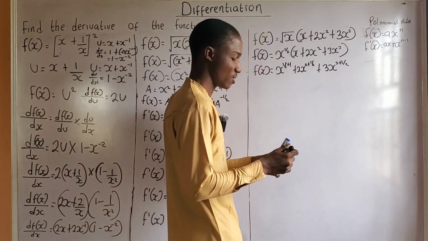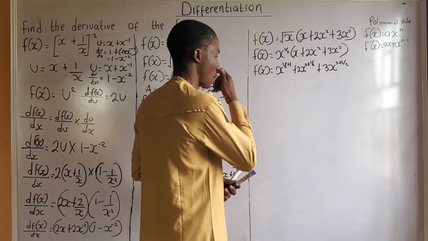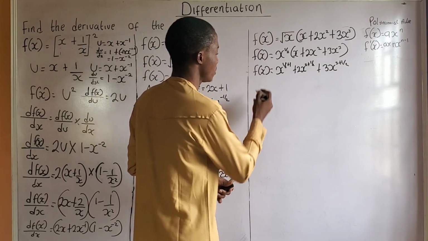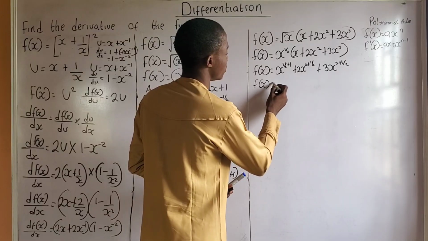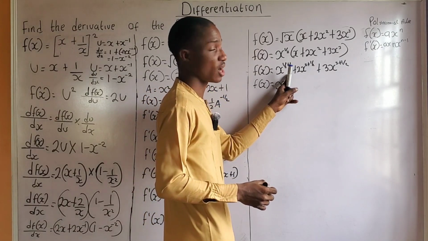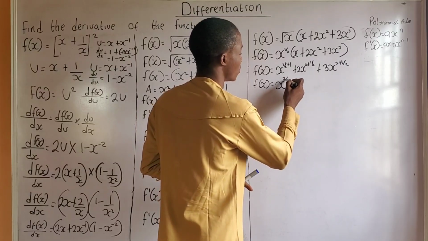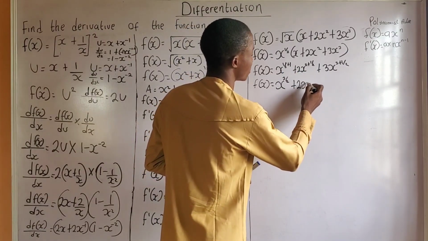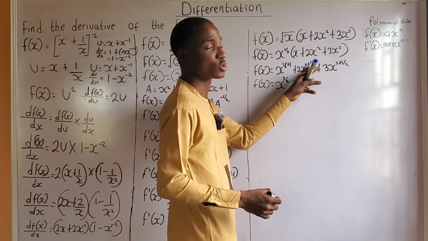Do you understand? Okay. Now, having gotten to this point, I'm going to have f of x is equals to, now, x raised to the power of 1 over 2 plus half. What are you going to have? You're going to have 3 over 2 plus, now, 2x raised to the power of 2 plus 1 over 2.